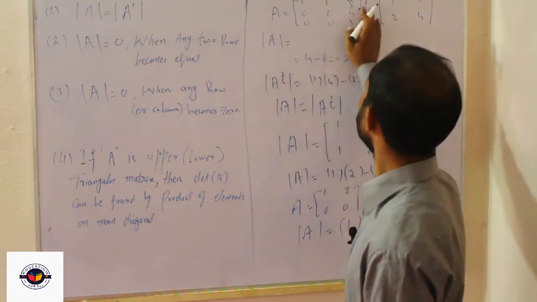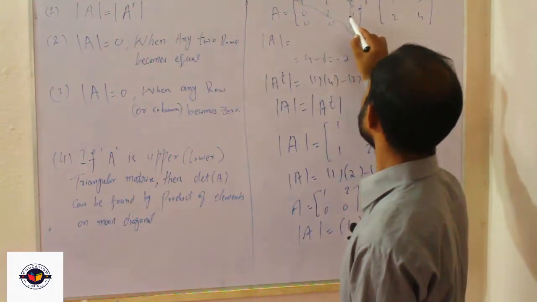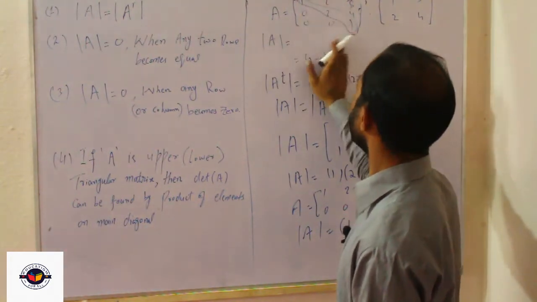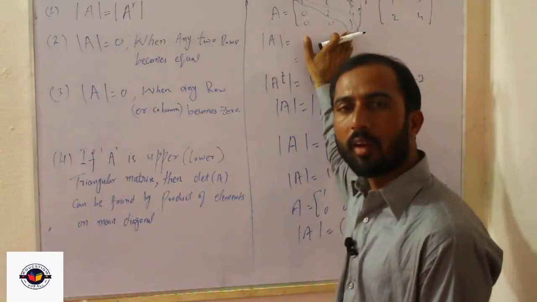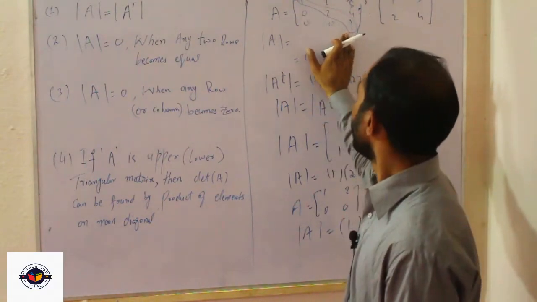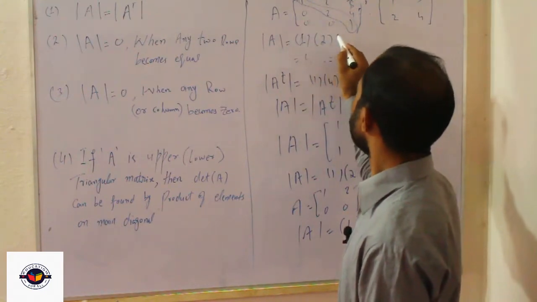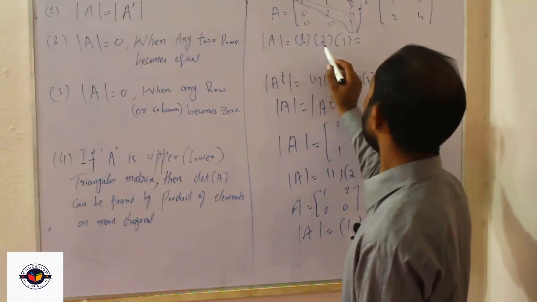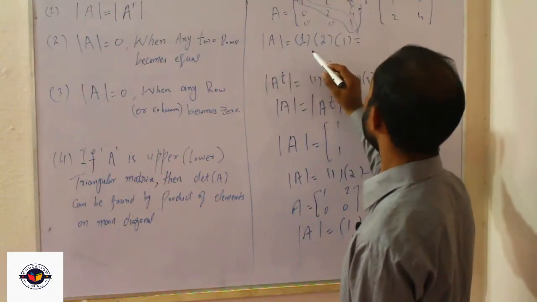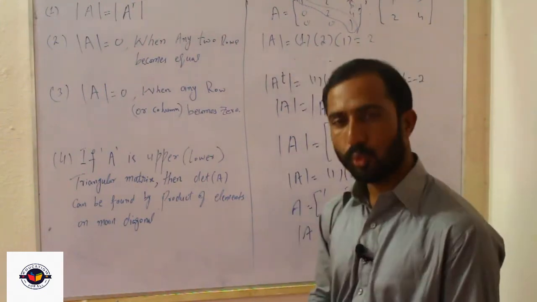Here the elements lying on the main diagonal are 1, 2 and 1. So we multiply these elements 1, 2 and 1, and the determinant of A will be equal to 2.